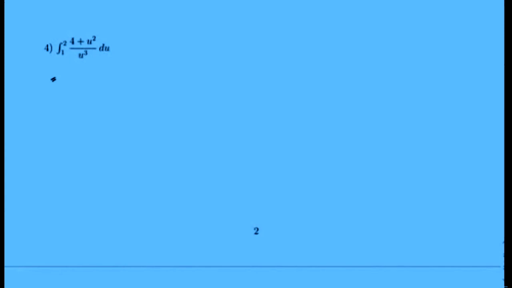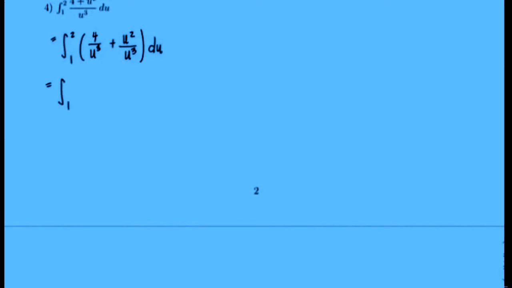So I notice the denominator has just one term, which means I can rewrite it under each of the terms in the numerator. So I am going to write 4 over u cubed plus u squared over u cubed du, and then I'm going to rewrite these terms so I can clearly identify the exponents.